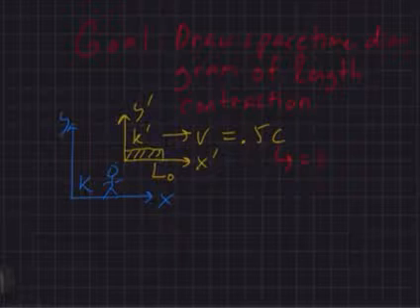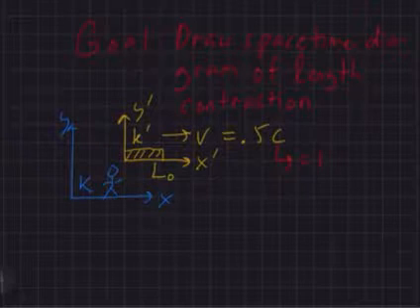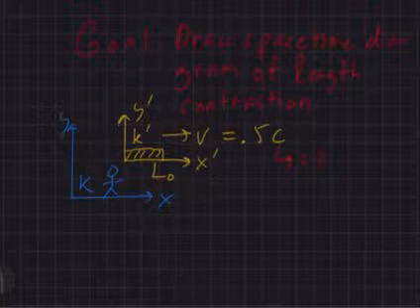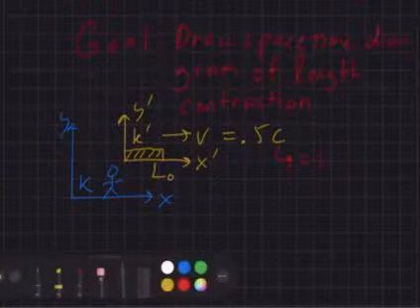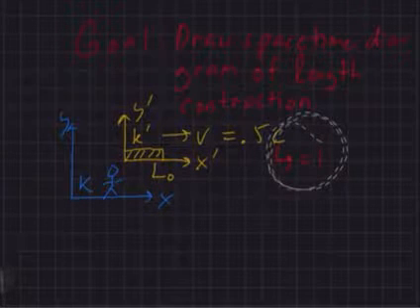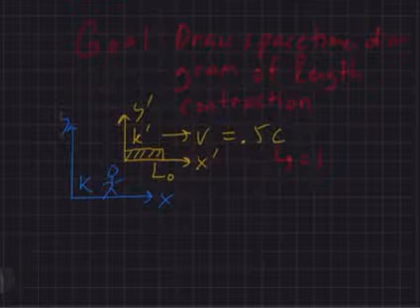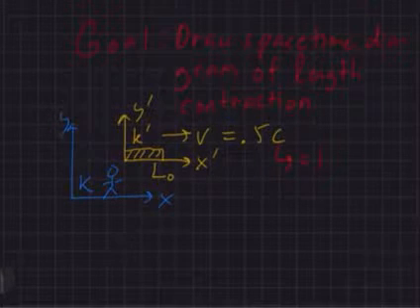This K-prime frame also has a vertical and horizontal coordinate, y prime and x prime. To make things easy, we'll assume that the speed of light is equal to 1, which means that the speed here of the ruler is simply 0.5 meters per second.